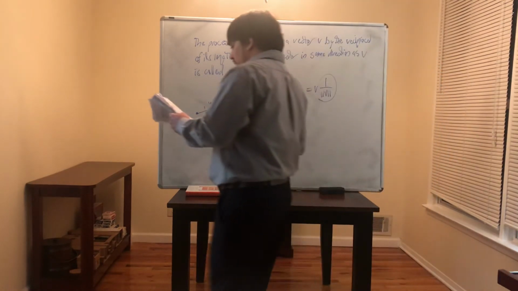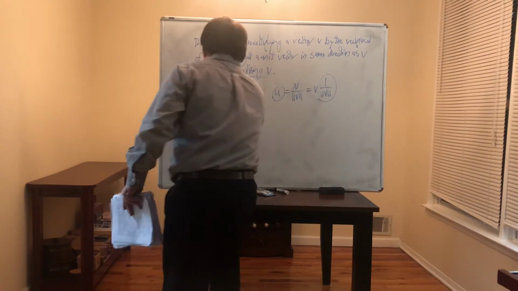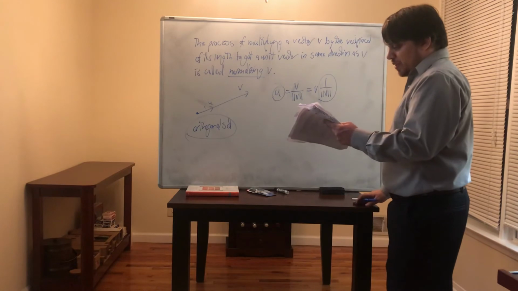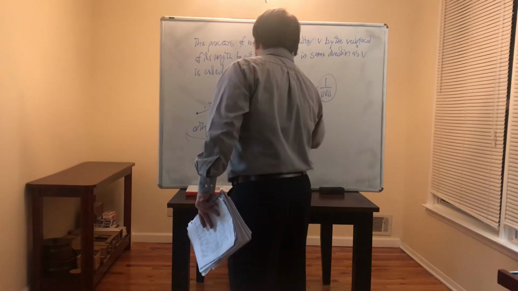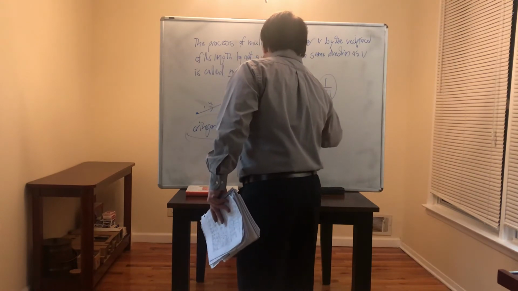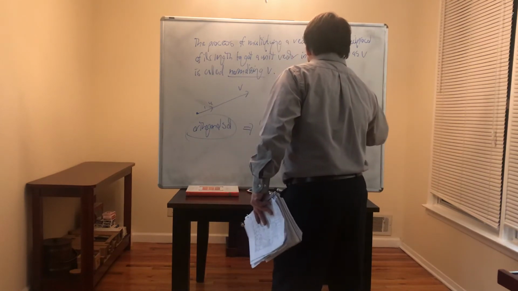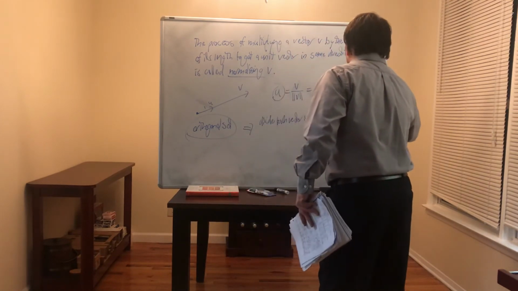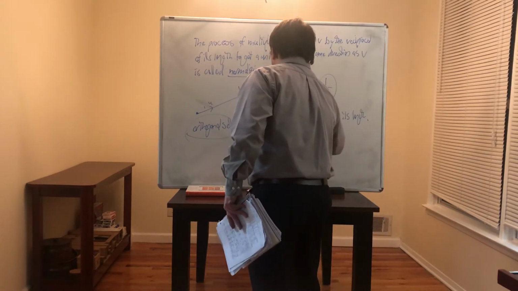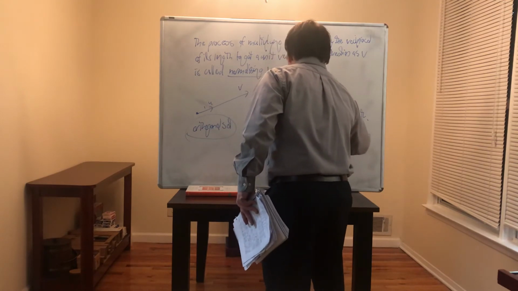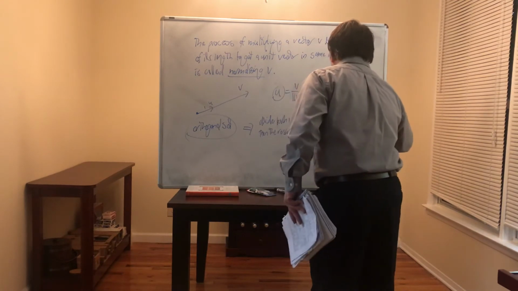Okay, so if you're given an orthogonal set, then all you have to do is divide each vector in that set by its length. Then the resulting vectors form an orthonormal set.